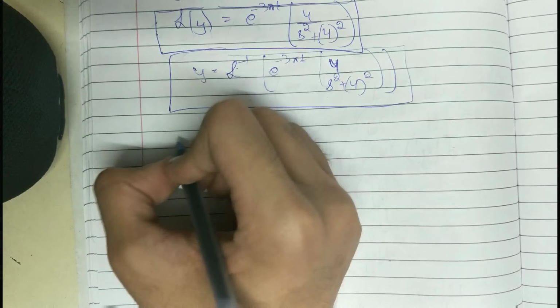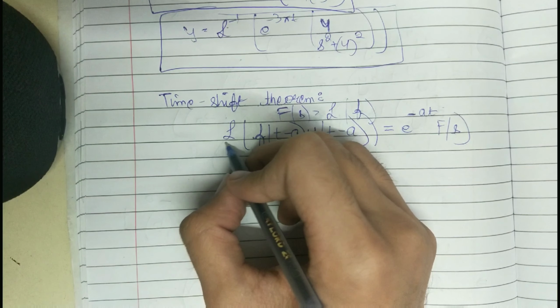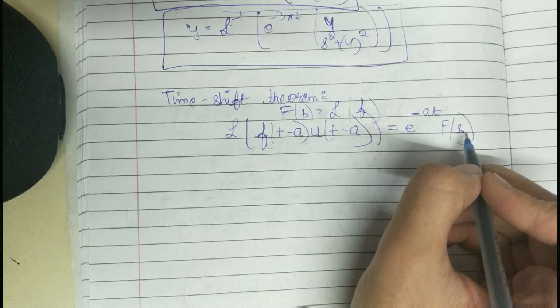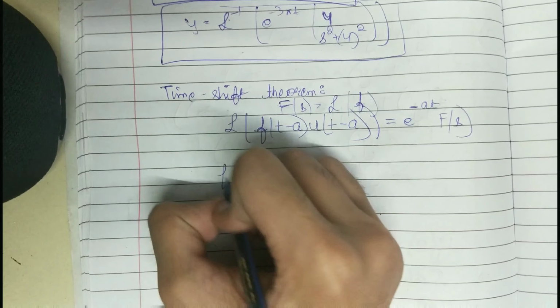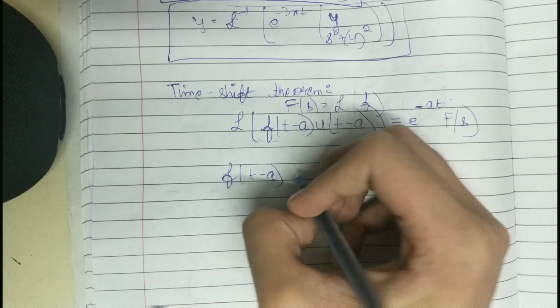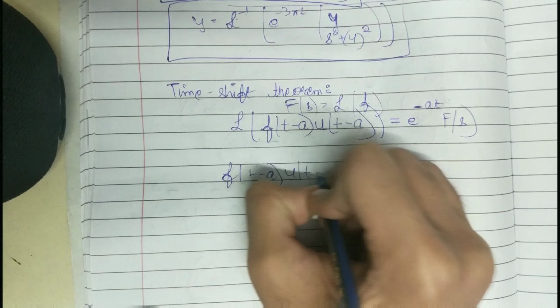This is what the time shift theorem tells us. So basically f t minus a u t minus a is nothing but Laplacian inverse of e raised power minus as F s. We're going to evaluate our y using this.